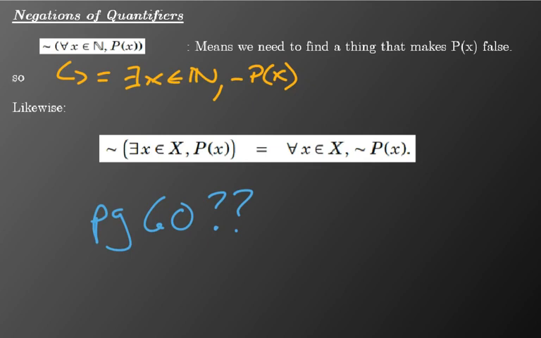Somewhere in chapter 2, there is a part on negations of quantifiers, and this formula is there. They are important, because there are going to be a lot of times where you need to negate something to do a proof by contradiction. And if you're negating a for all, it would turn into a there exists.